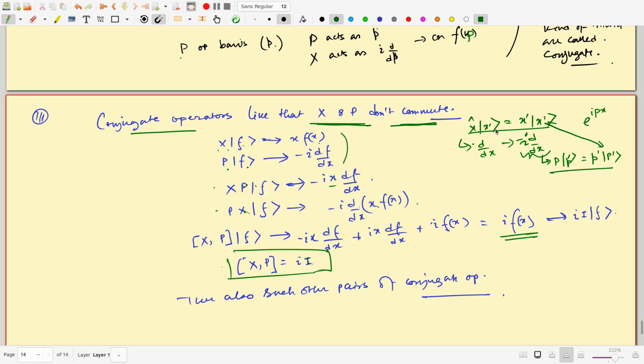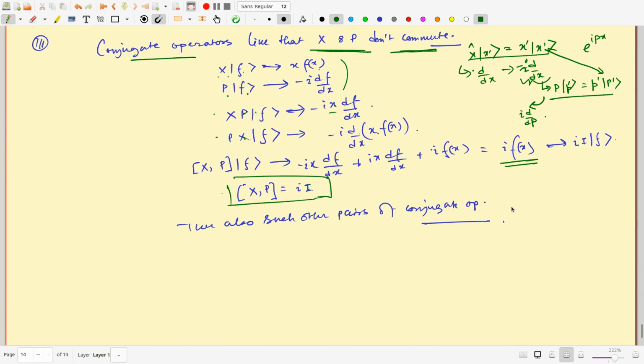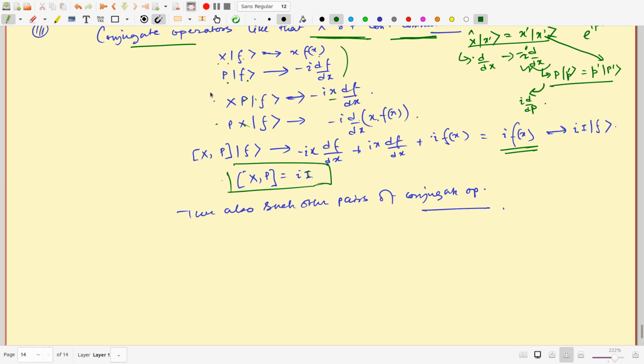And then we realized that when two operators have this kind of relation, and vice versa, like if the p basis is p prime, then in this basis the x operator is basically i d/dp, they satisfy this kind of commutation relation. So purely from mathematical structure we have realized this, and then we will see how we can identify them as the position and momentum operators. This is the mathematical background. So that's all.